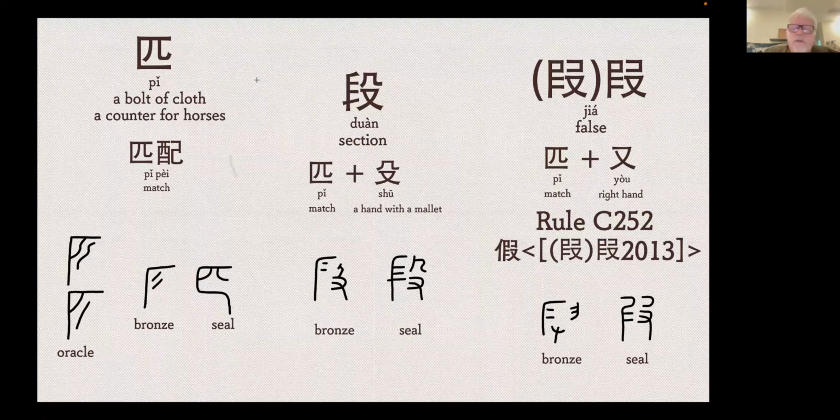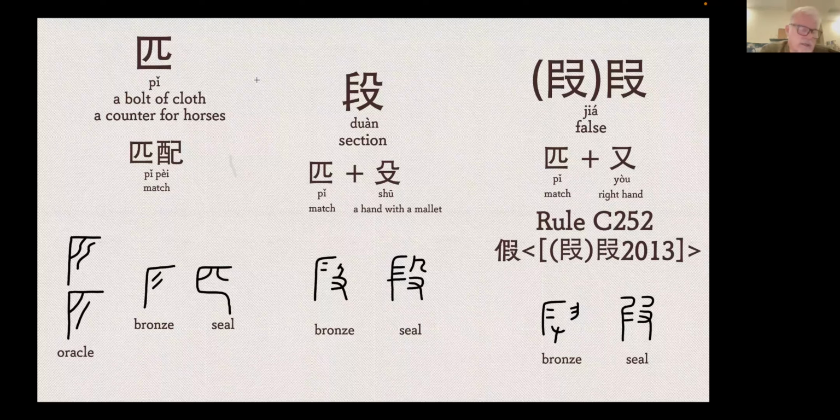And whenever you see a character with a wang on the side, it always comes from jade, and it always has something to do with a rock, in this case, a flawed rock. In my rule here, you see the 2013. In 1955, they made a rule that said this character should be banned, and only the one with a ren person on the side should be used.